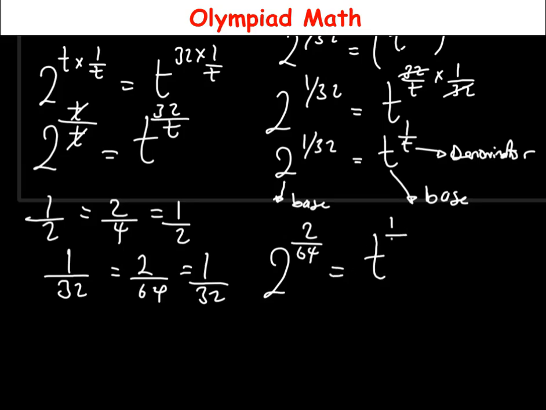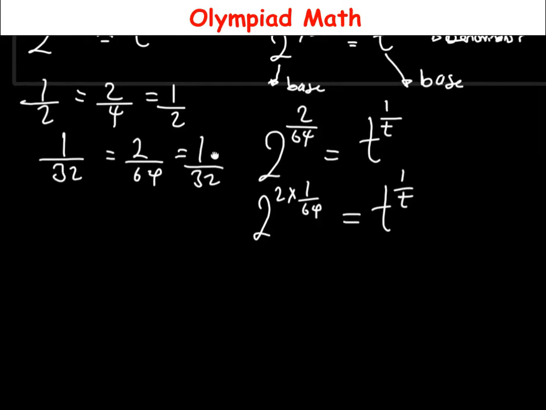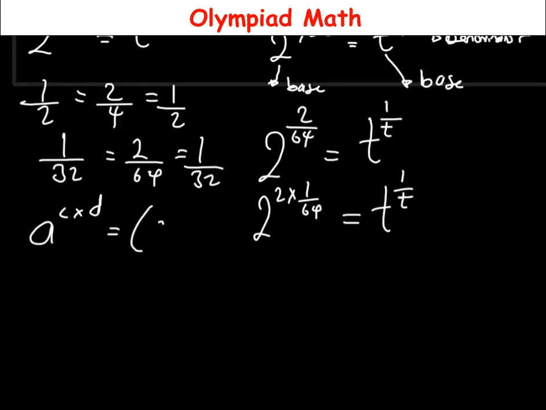Now with this, if we factorize out 2 from here, we're going to have 2 raised to power 2 times 1 over 64 is equal to t raised to power 1 over t. At this junction, we are also going to apply a principle of indices: if you have a raised to power c times d, this equals, in brackets, a raised to power c, then to the power of d.